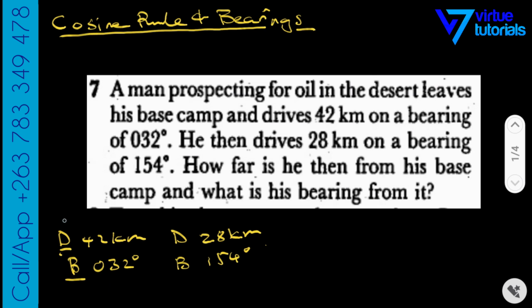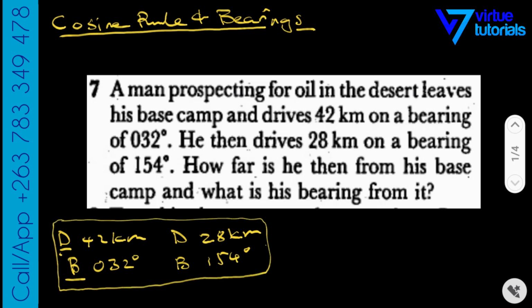So for us to really understand what's happening here, we need to draw a diagram to show what was happening. We need to start off with the first thing that happens. He moves 42 kilometers on a bearing of 32 degrees. Now, what do we know? Bearing is always measured from a north line, so we need to mark his base camp first.